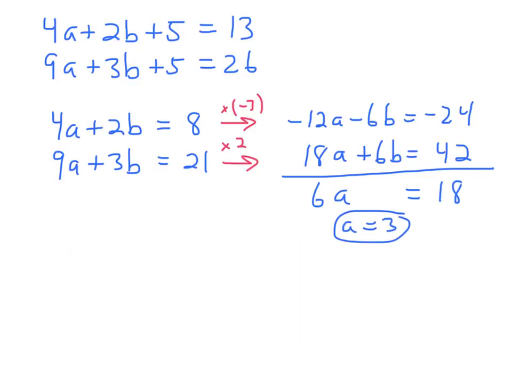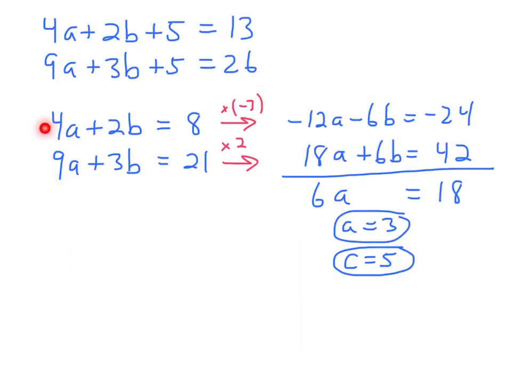Now remember, we've already found c. c was equal to 5, which we had found at the beginning. So all we have left to find is b. So now I can use one of these equations right here to find b, because if I take my answer for a, which is 3, and plug it in, it'll allow me to find b.